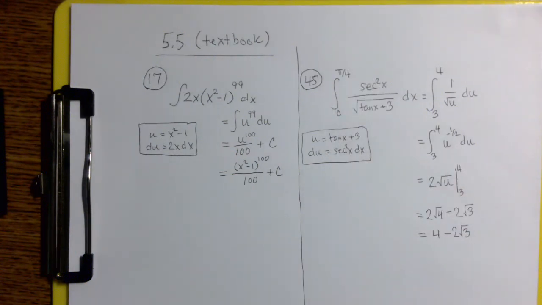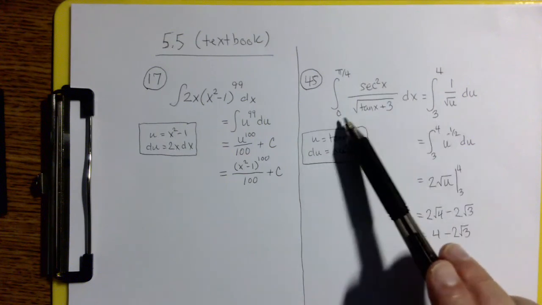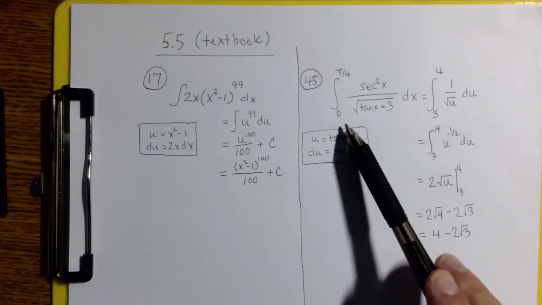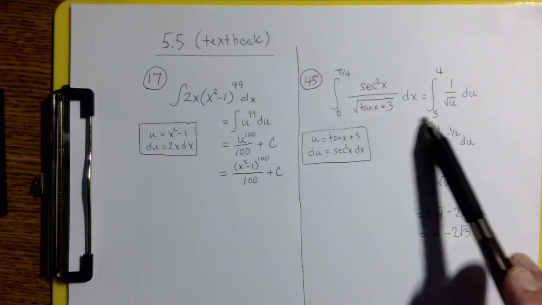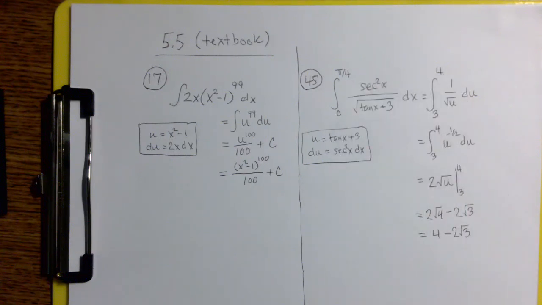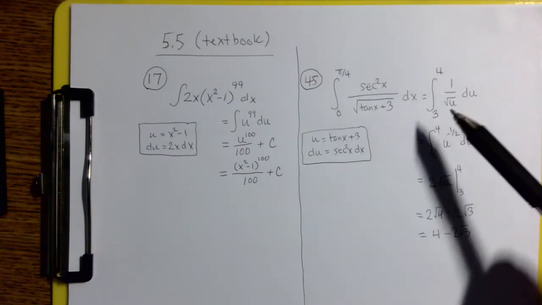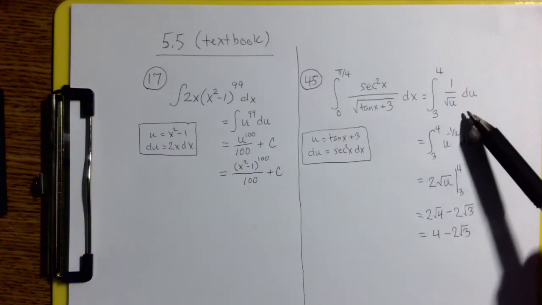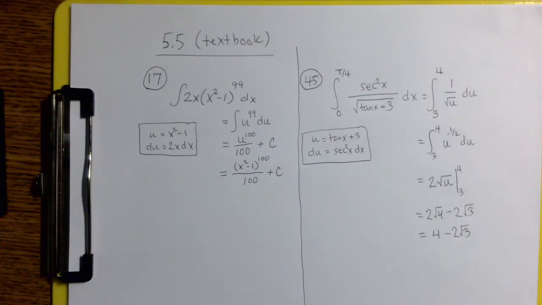I don't think it's worth it to do that, unless for some reason you are struggling with this part of changing the limits. I think changing the limits to the new variable and then remaining with that variable is, once you get used to it, going to make things easier and save you a couple steps. But again, if you went back to x, you could use the original limits. I just don't recommend that.